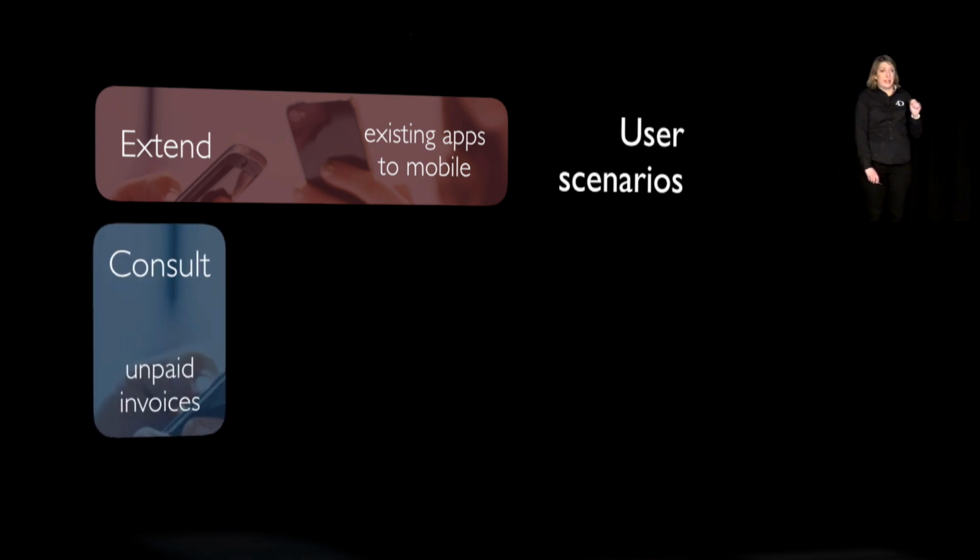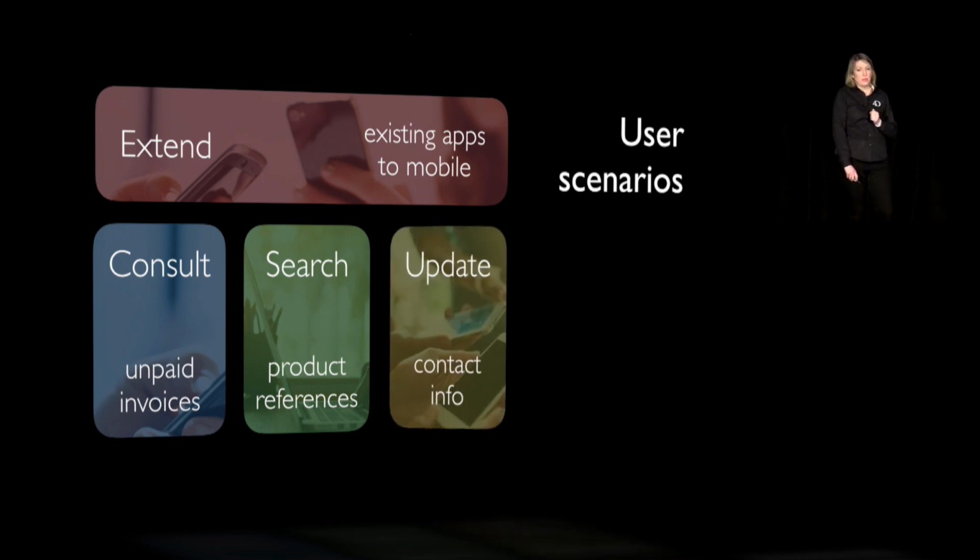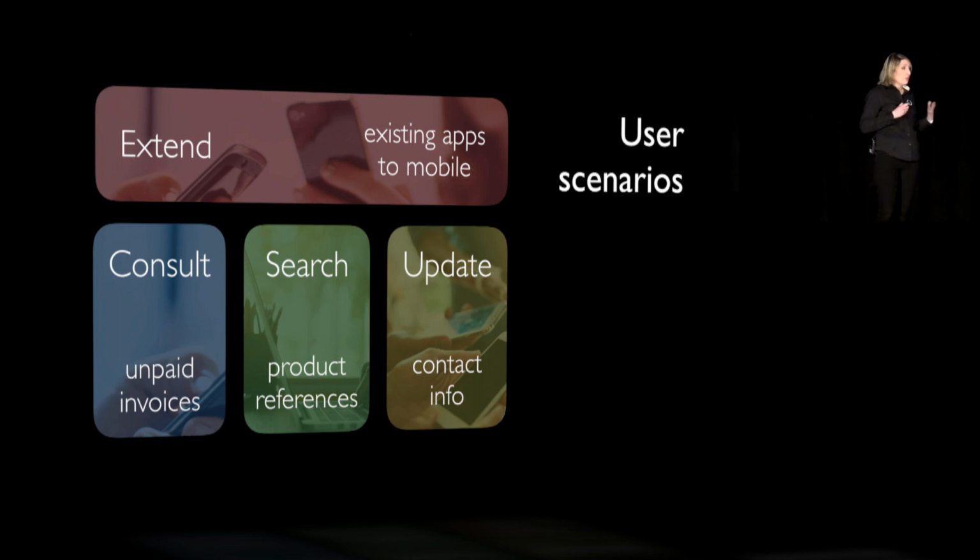You might want to check the list of unpaid invoices so that you can remind your customer you're still waiting for payment. You might want to search for a specific product reference to give more information to your customer. You might also want to update the customer information, like the email address or the phone number. These are, in fact, pretty simple needs: read, search, and update data.